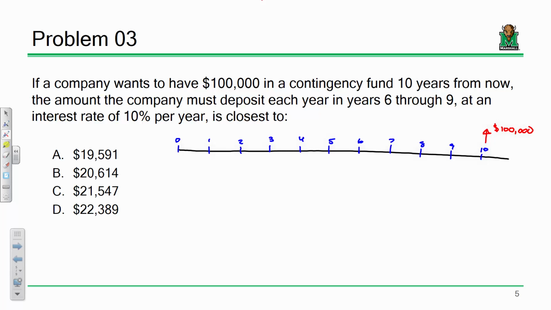In order to do that, the company must deposit some value here. Does that make sense? Now, you're not going to like this, but this problem has a little bit of a trick to it, okay? And let me explain.